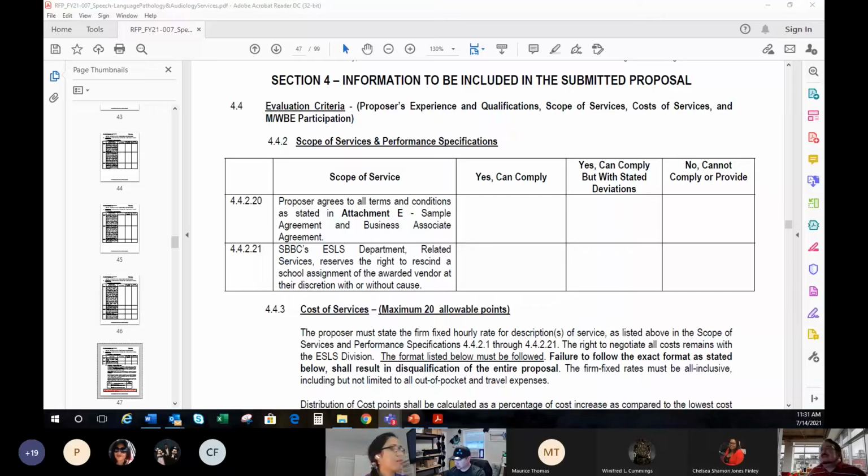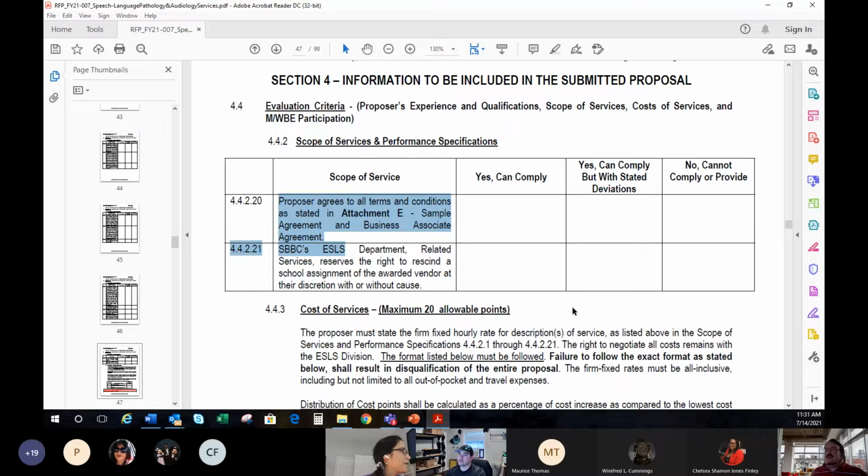4.4.2.20 is basically saying that the proposer agrees to all terms and conditions as stated in Attachment E, which is the sample agreement and business associate agreement. You will either say, yes, I can comply, yes, but with these deviations, okay?